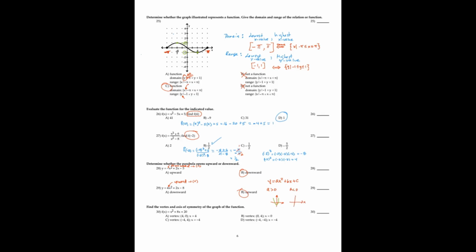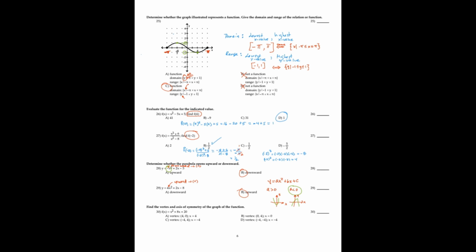So the parabola would be opening like this. Downward means it opens like this, and this is when the leading coefficient, the coefficient of x squared, is negative. Here there is positive 4 for up, negative 1 for down. Got it?